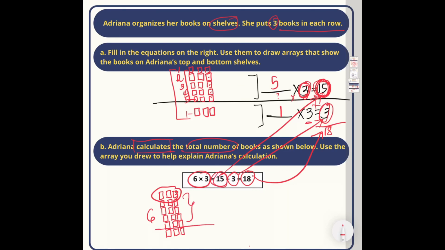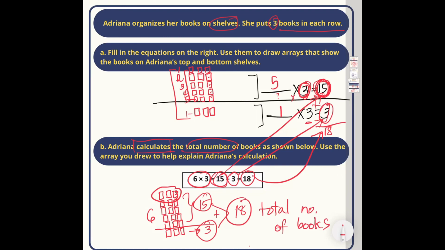And this is your 15 books. And this is going to be your 3 books. And when you put it together like a number bond, you add it, it's going to be 18. And that is the total number of books that Adriana put on the shelves.